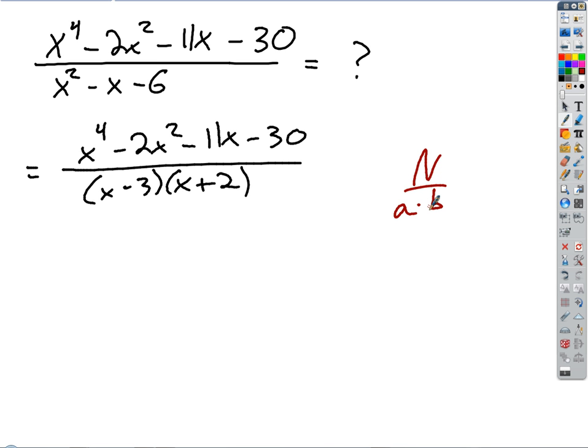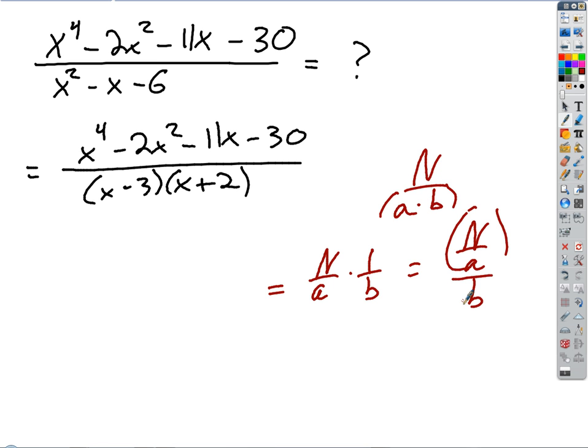I can multiply and divide those in order if I'd like to. I could do this as n divided by the quantity a times b, which is how we have it up here. But I could also set that equal to n over a times 1 over b, which is really just the same thing, since multiplying by 1 over b is just like dividing by b, isn't it?